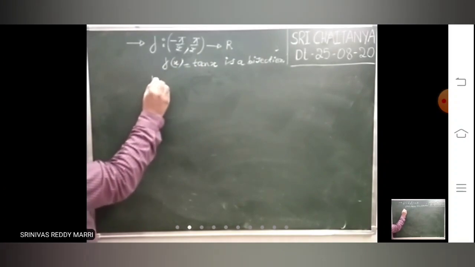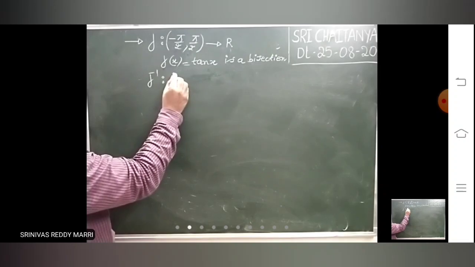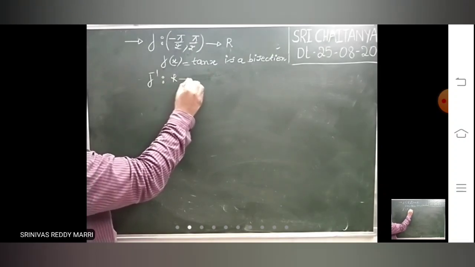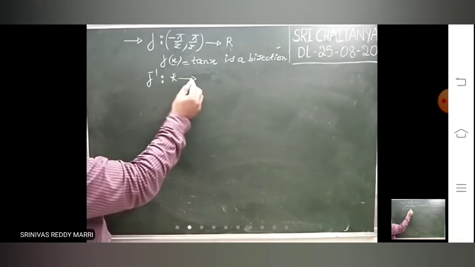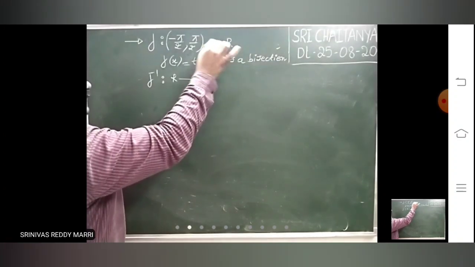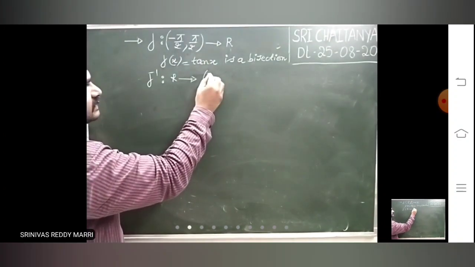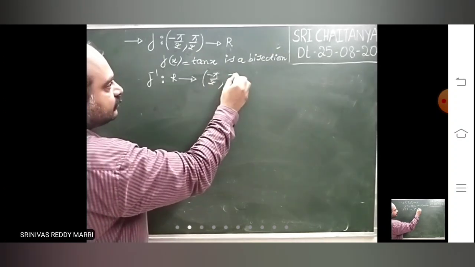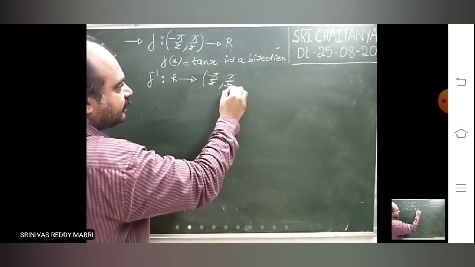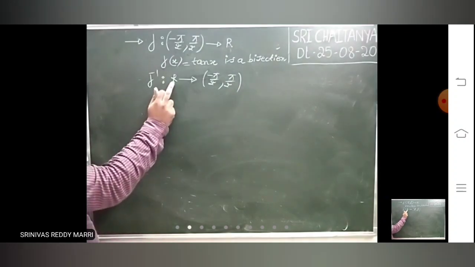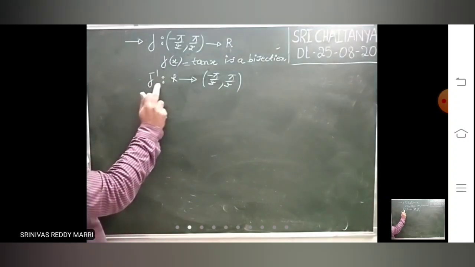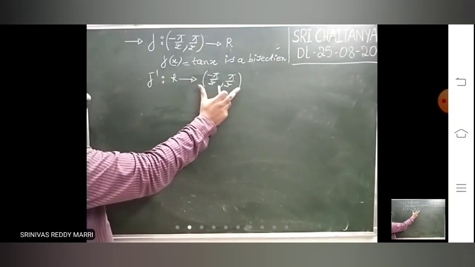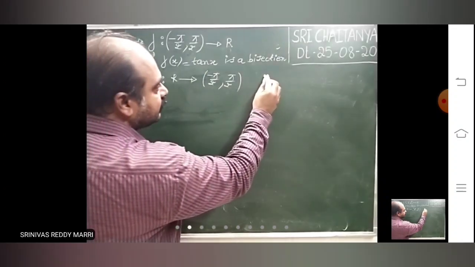Suppose I am defining the inverse function, from R to minus pi by 2 comma pi by 2. I am defining another function f inverse, so R to minus pi by 2 comma pi by 2.